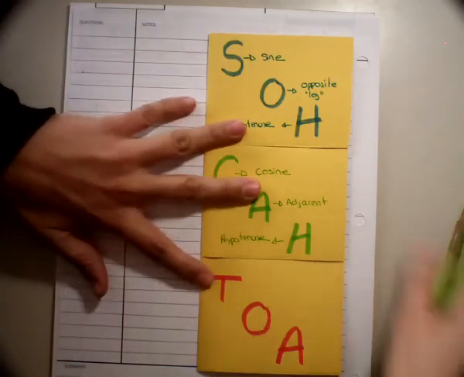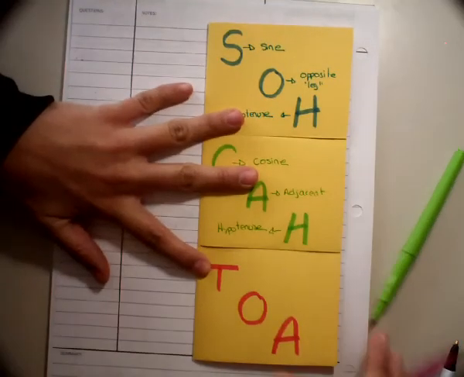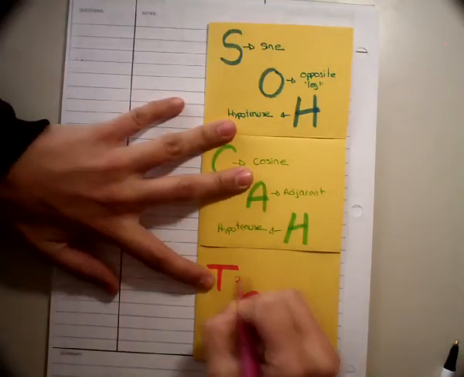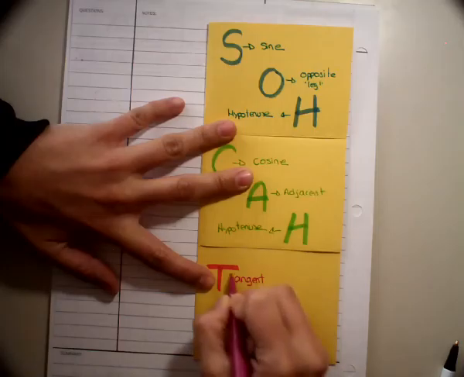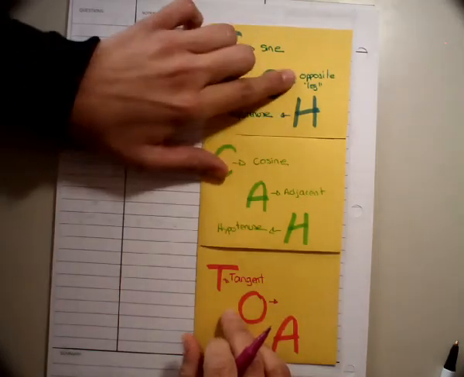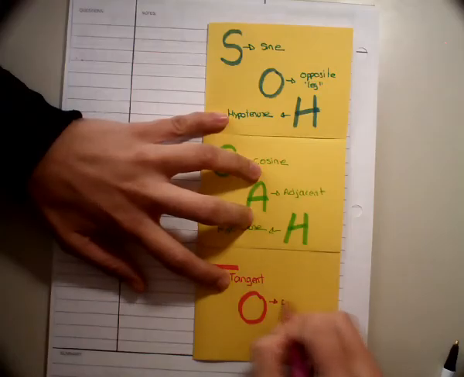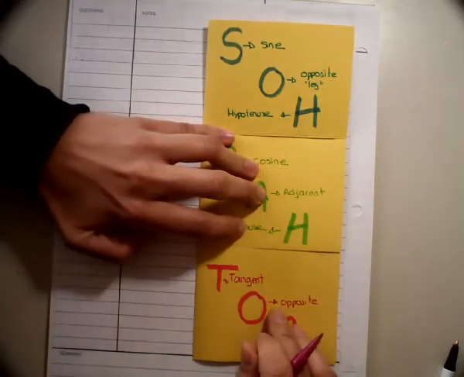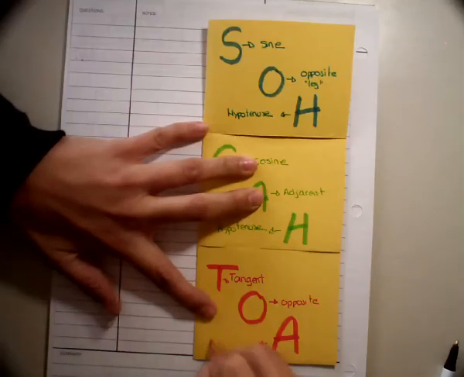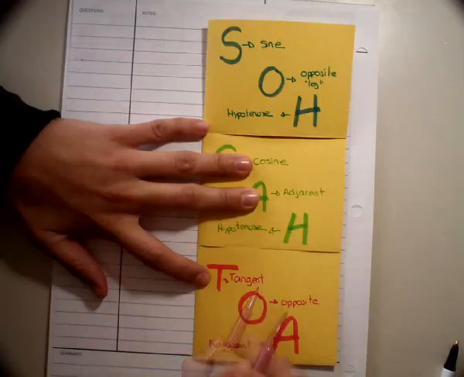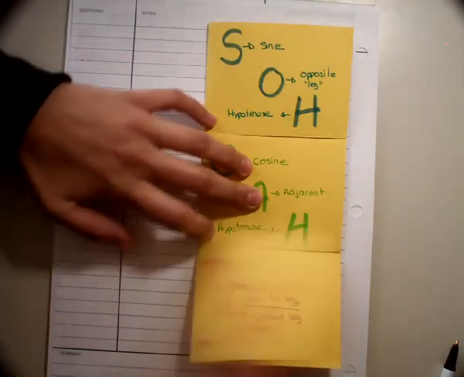And finally, TOA. TOA stands for tangent. The O again is opposite, and A is adjacent. So tangent is equal to opposite over adjacent.